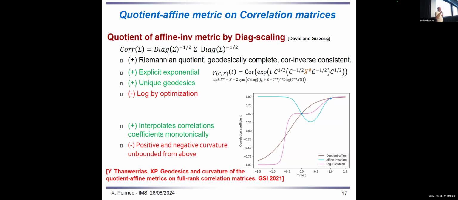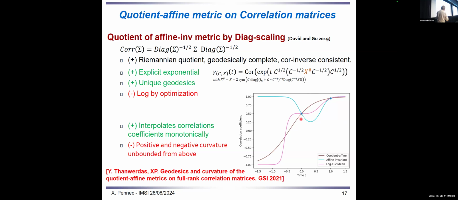The thing is, the log itself has to be computed by optimization. And that might be a problem because here there's positive and negative curvature. So we know that numerically it may be difficult to do, and it's time consuming. But if we look at one of the examples here, we took two SPD matrices with correlation coefficients that are here. So these are in 2D.